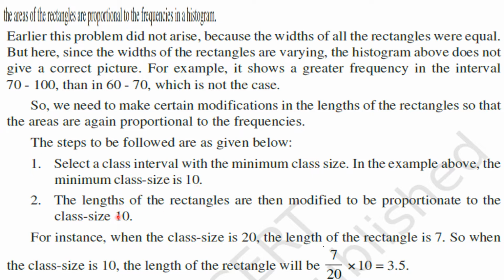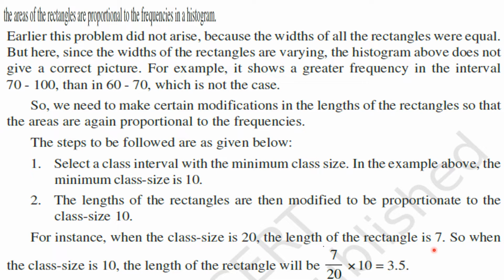And the second step: the lengths of the rectangles are then modified to be proportionate to the class size 10. For instance, suppose the class size is 20 and the length of the rectangle, that is the frequency of that particular class, is 7.